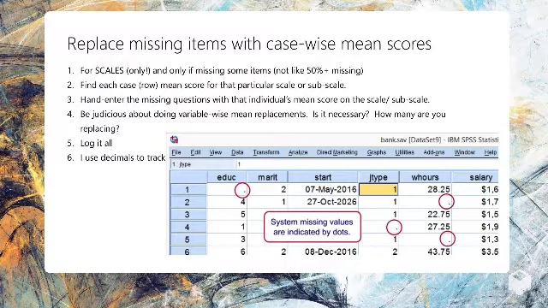However, if you have a depression scale with 10 questions and they skipped one of the questions, you can replace that one question with that particular person's case mean score. That is the best way to handle that. But you should only do this if you're missing some items. For instance, say there's a 10-item questionnaire on depression and someone skipped six out of the 10 items.